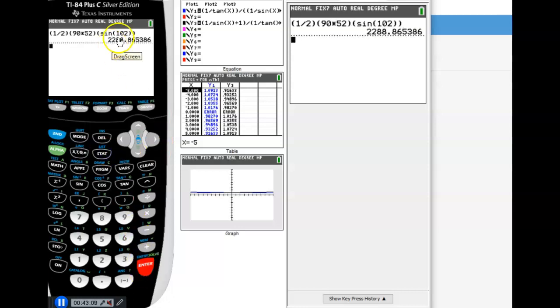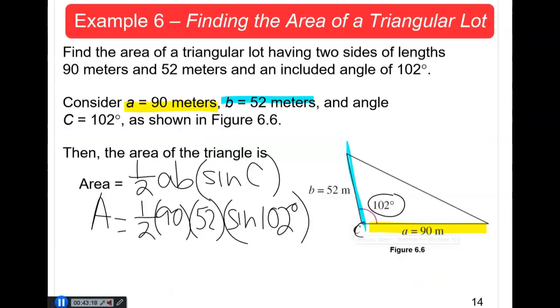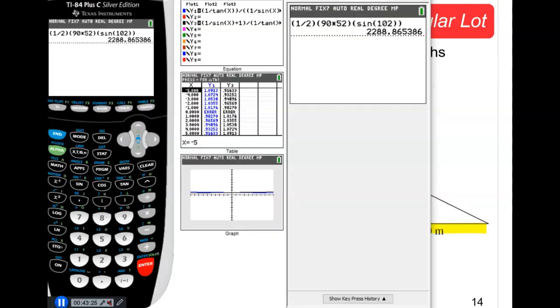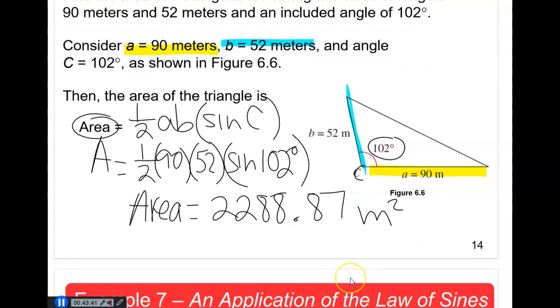And so we get 2,288.87, rounded. And because we're talking about area, the units will be square meters or meters squared. So that is the answer to that question.